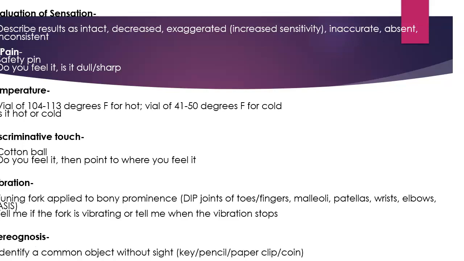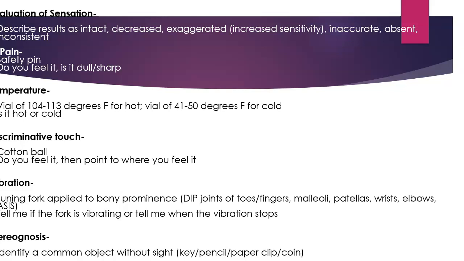So when you're talking about pain, you're going to test their pain sensation, their ability to identify pain. We typically use a safety pin, and you identify dull or sharp. So you always want to clean their skin with alcohol. You also want to clean the safety pin, or if you're using another device that can do sharp or dull.